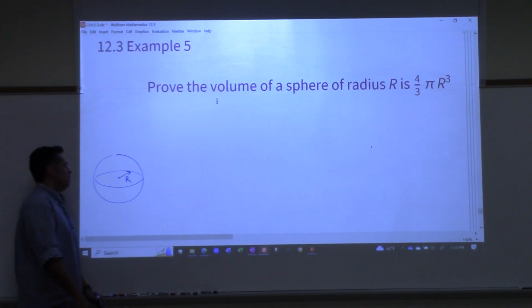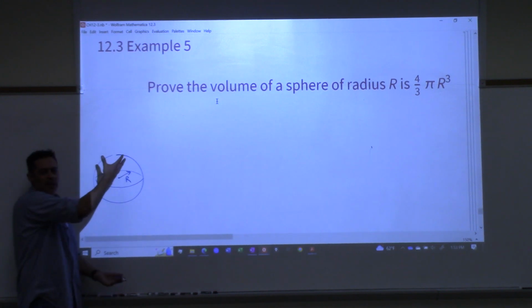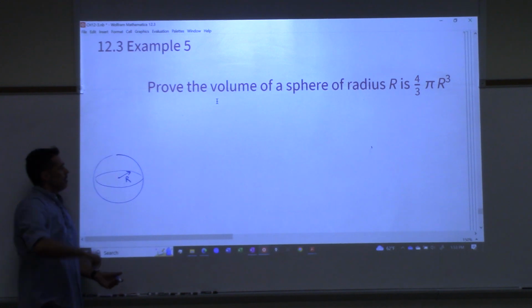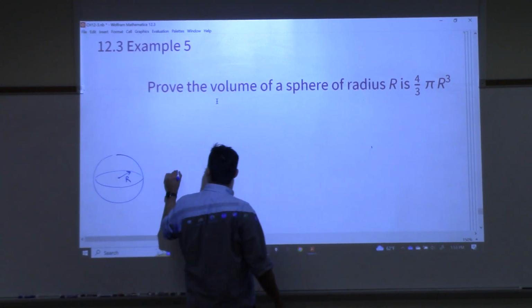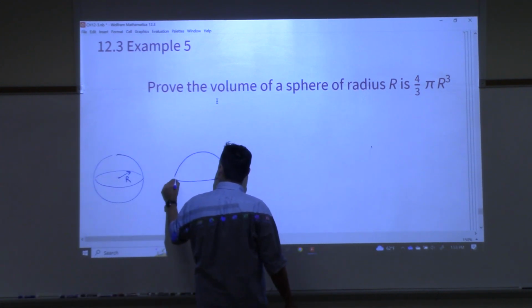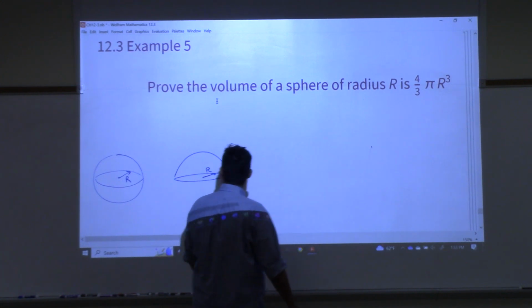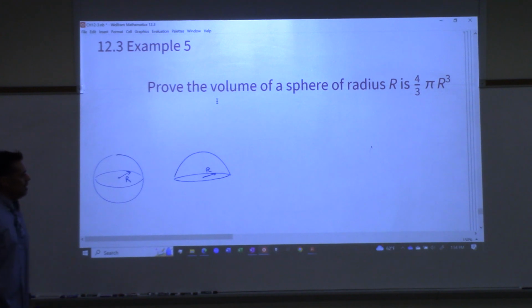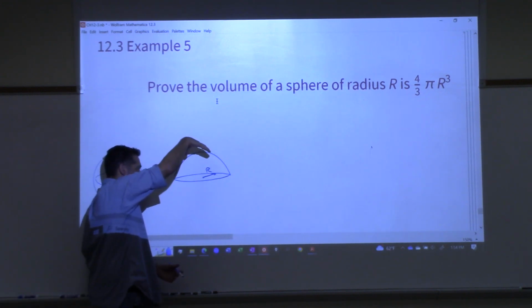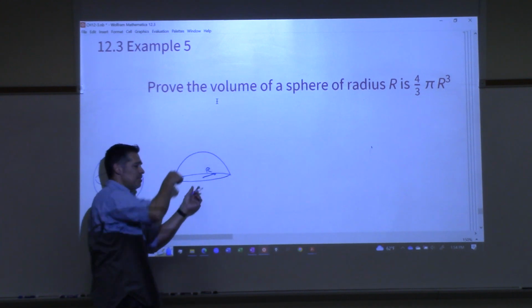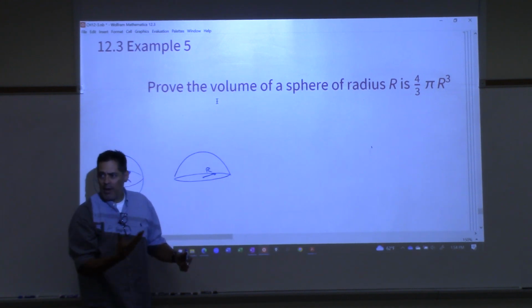Why don't we find the volume of just the top half of it and double the answer? So if I take just the top half, it still has a radius of capital R, then I just need to know what's the top surface, what's the bottom surface, and then what's the region that we're integrating over.